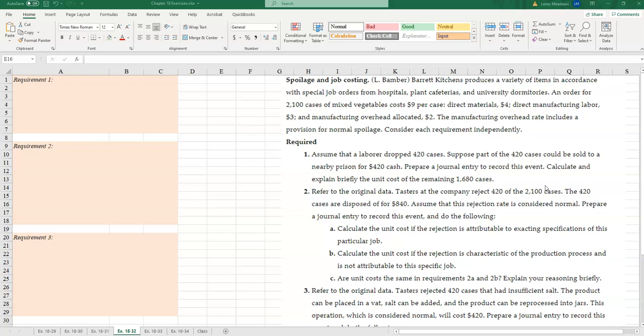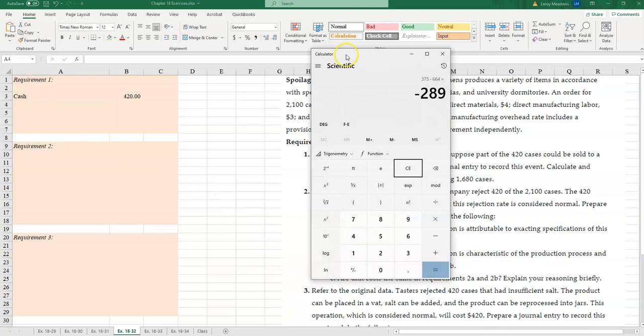So what we have to do is calculate a journal entry recording this. So first of all, we debit cash for $420. Why? Because that's how much cash we received. Now, we need to figure out our spoilage. What is our total spoilage?